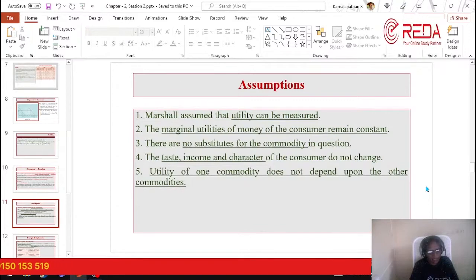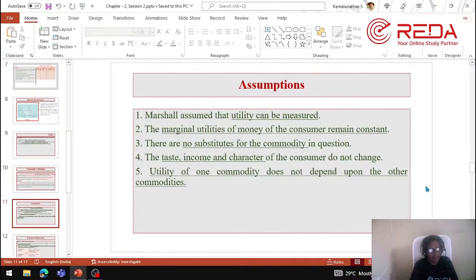Before going into the diagrammatic explanation, any theory must have assumptions. So now we are going to see the assumptions of consumer surplus. The main important assumption is that utility can be measured.